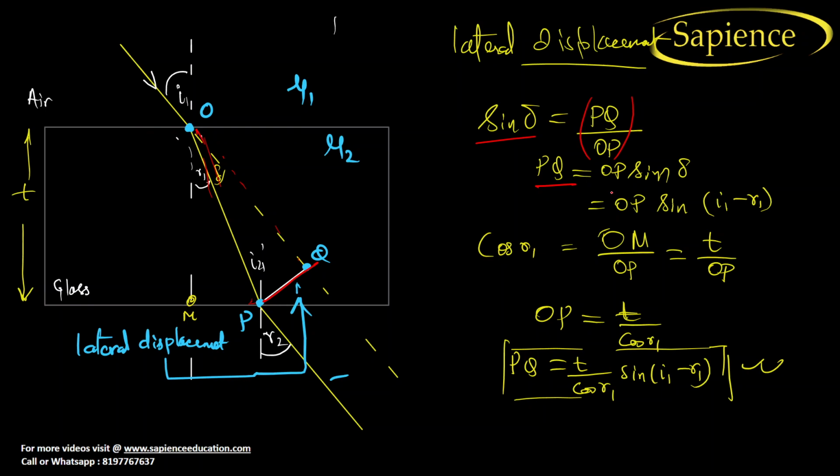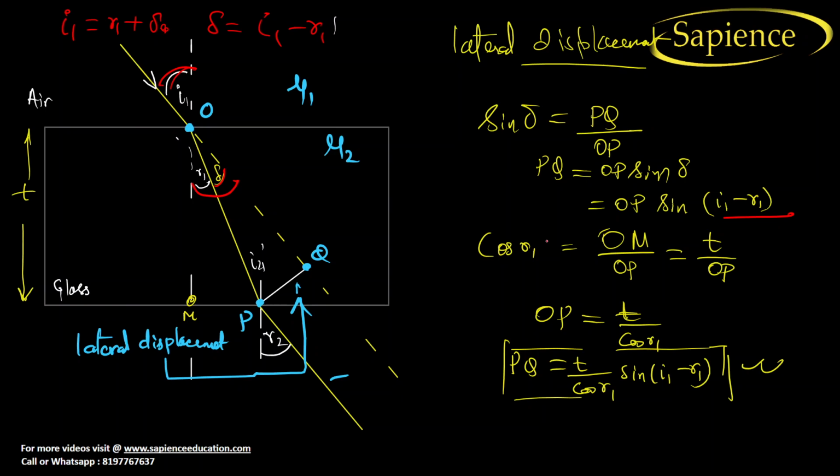So PQ is equal to OP sine delta. Now when you observe properly, this is delta and this whole angle is equal to I1. So we can directly write I1 is equal to R1 plus delta. So delta can be written as I1 minus R1.